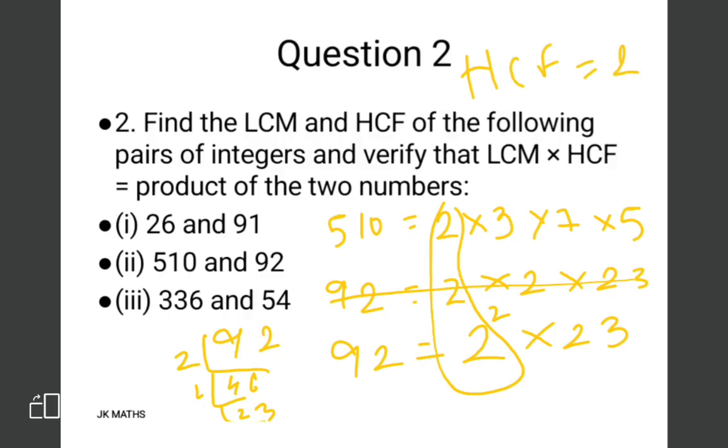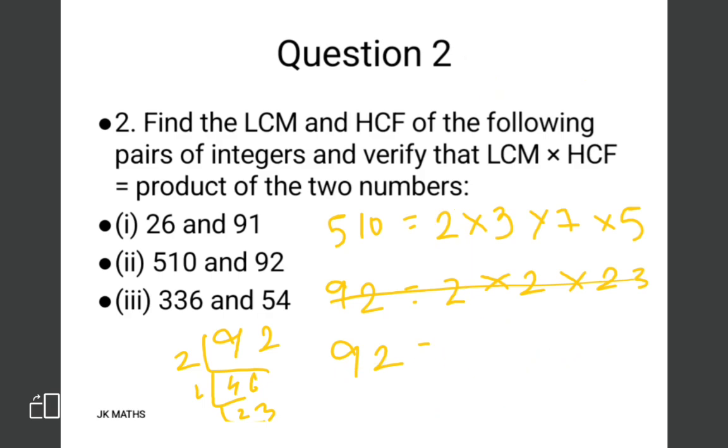You may get confused, so once again, 92 we can write it like this. It depends upon what you are comfortable with. To find HCF, both the prime factorizations must have a common factor. Here we have only 2 as the common number, so let's circle it. So 2 is the HCF.